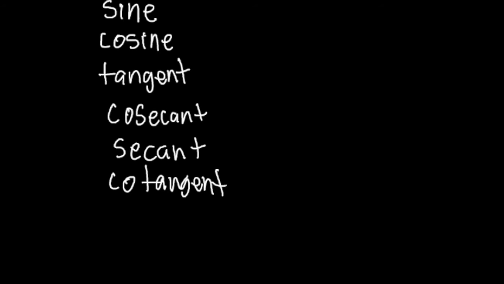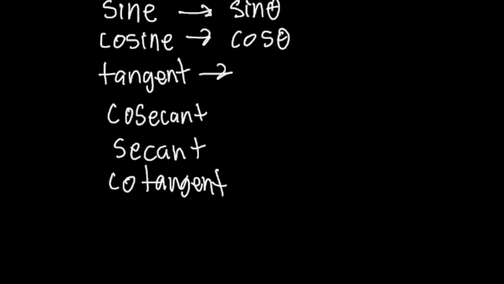So we write them in short like this. If we have an angle, sine theta, cosine theta, tan theta, cosecant, we write CSC theta, and I'll tell you what this means right after I write these.